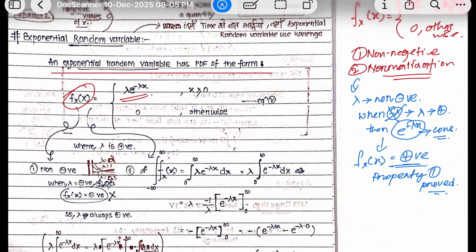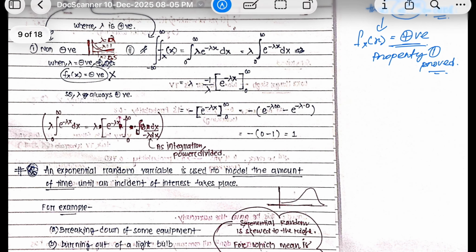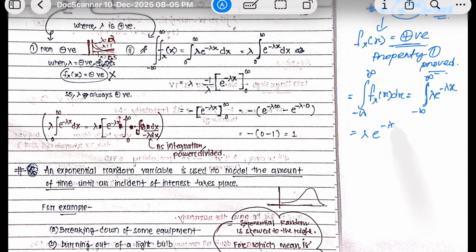Moving on to the next property, that is the normalization property. The normalization property states that if you integrate f of x dx from minus infinity to infinity, with the function being lambda e to the power minus lambda x, then lambda is taken out and we have e to the power minus lambda x.